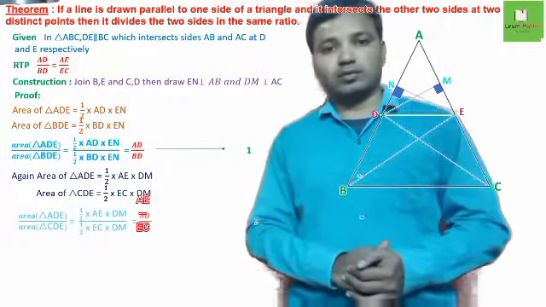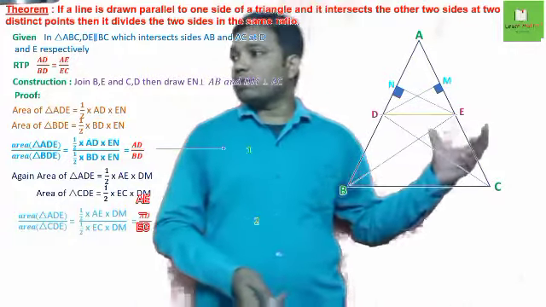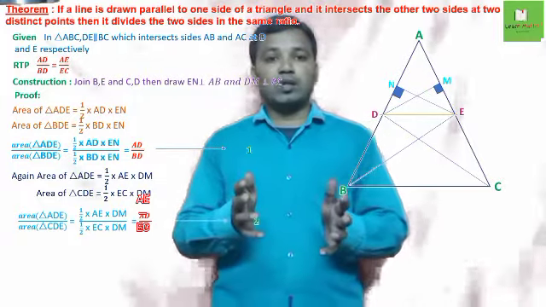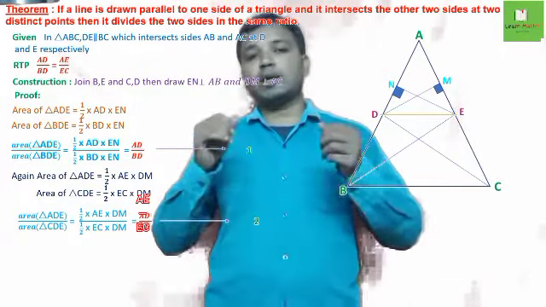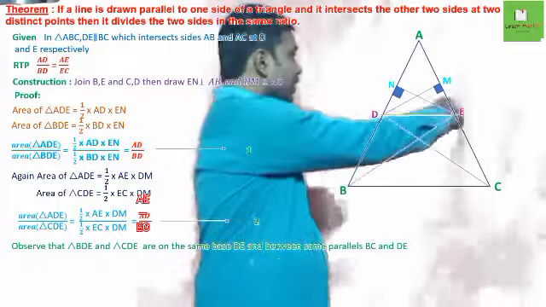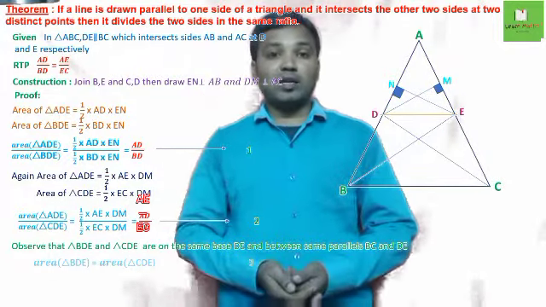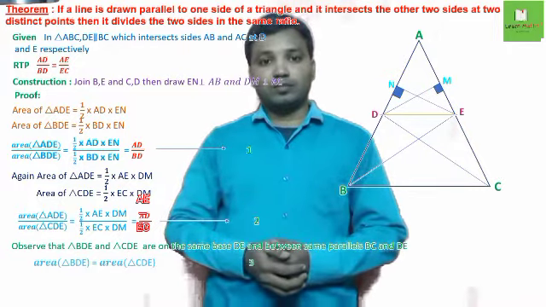Now observe the triangles BDE and CDE. Both triangles are constructed upon the same base line segment DE and in between the parallel lines DE and BC.